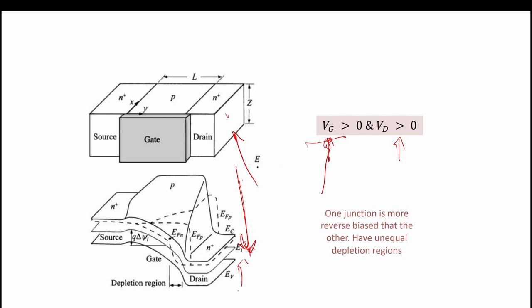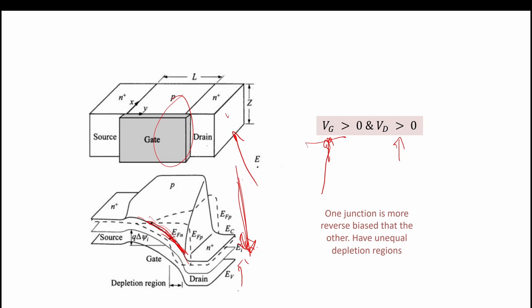Another thing, when we apply the drain voltage, there is a depletion region, or there is a band bending. This will affect the conduction band in this region. We will come to that when we see drain induced barrier lowering.